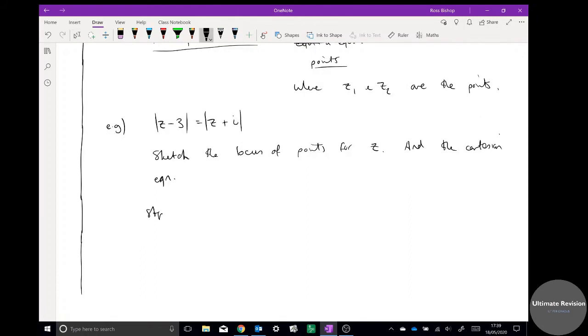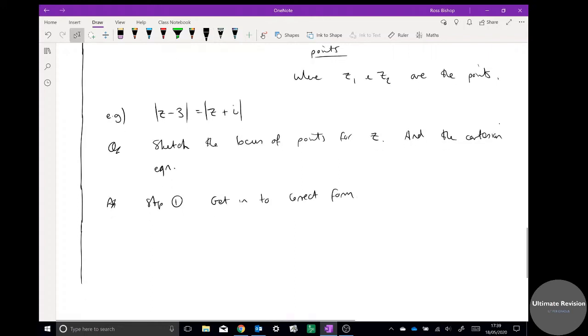Okay, step 1 to answer this, that's the question. Step 1 to answer it, we need to get it into the correct form. At the moment, we've got a plus there on the right hand side. They both must be negative. So I must make this Z minus 3, Z minus I. Okay, I must write it in that form, similarly to when we did the circles. It's got to be in the correct form.